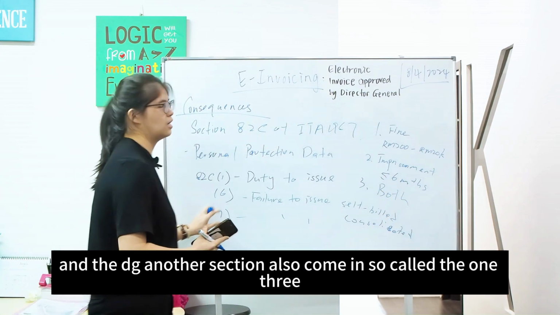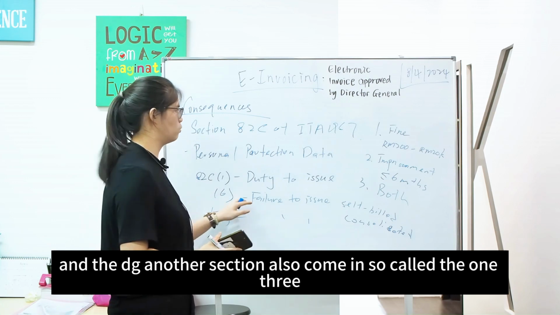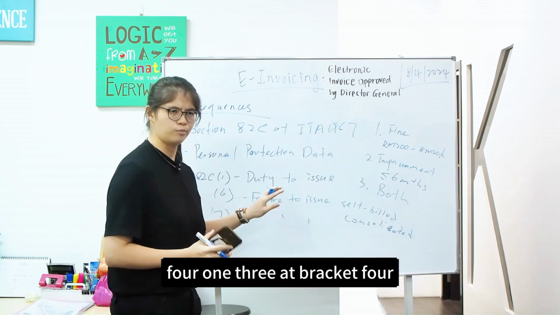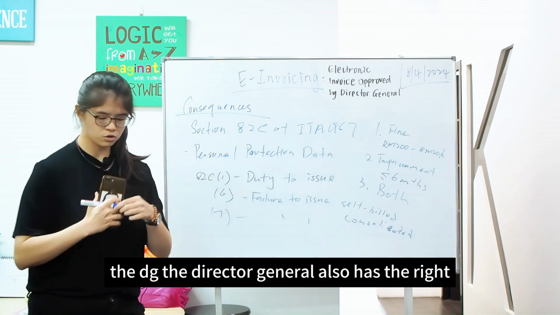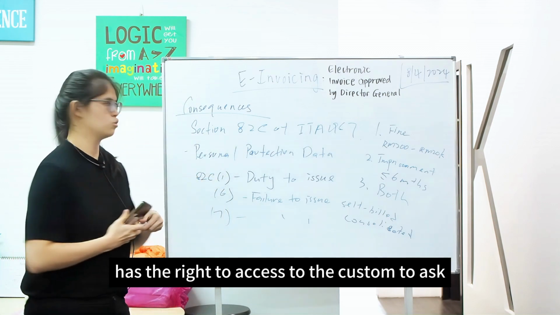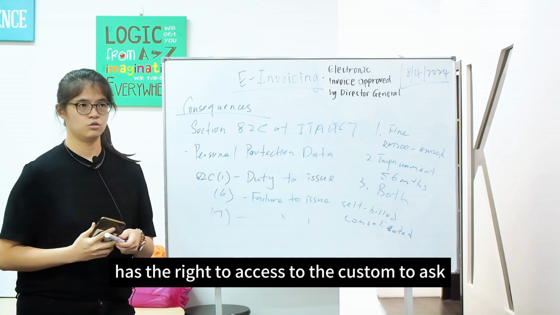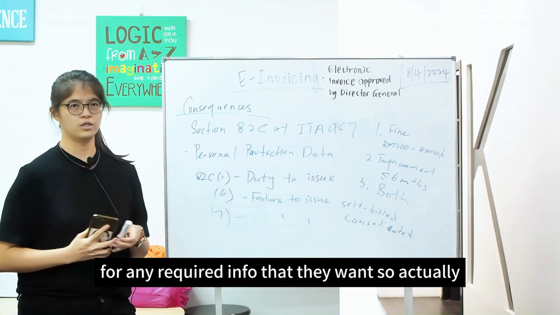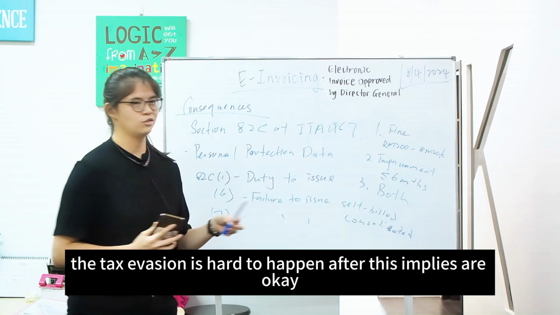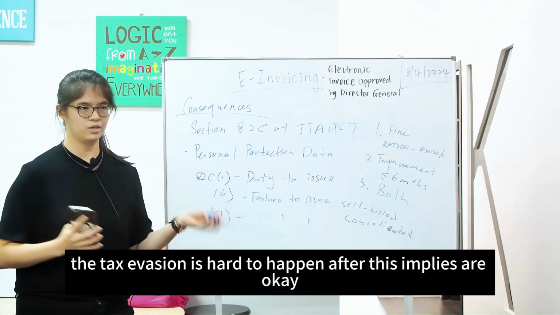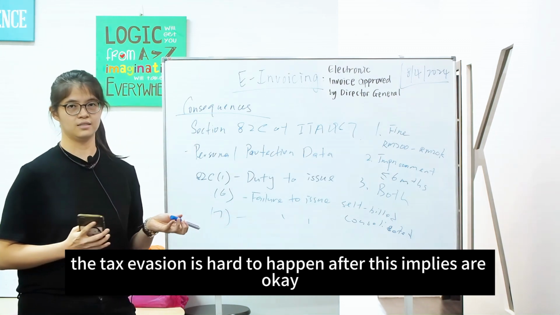And another section also comes in, the so-called 138 bracket 4. The DG, the Director General, also has the right to access the custom to ask for any required info that they want. So actually, tax evasion is hard to happen after this is implemented.